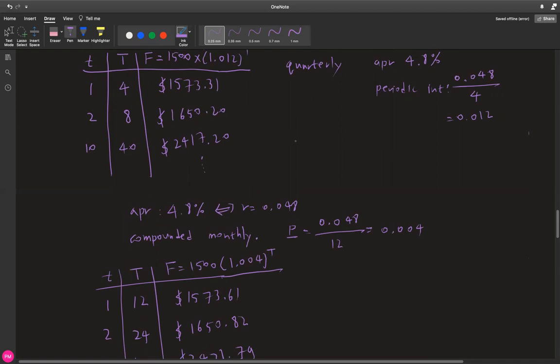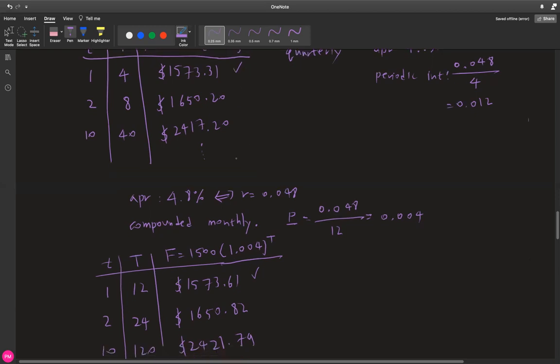If you compare this number to this number, everything else is the same, just the number of times it's being compounded. I know it's a very small amount, but you can clearly see that more frequent compounding, in this case the monthly compounding, actually yields more money at the end than the quarterly compounding.